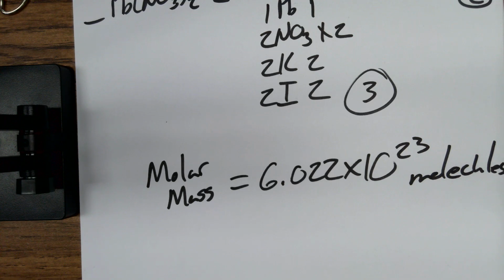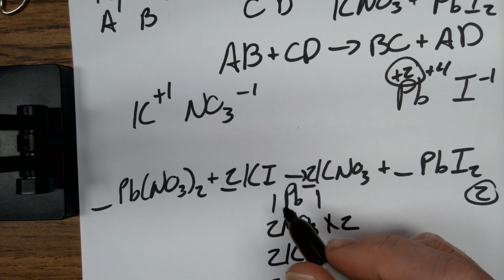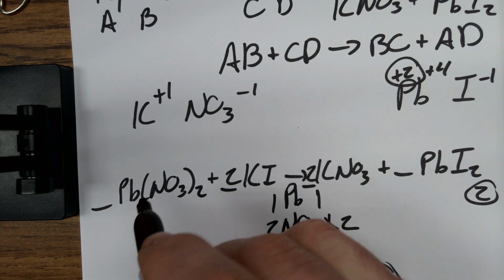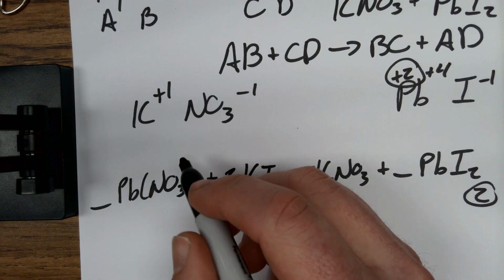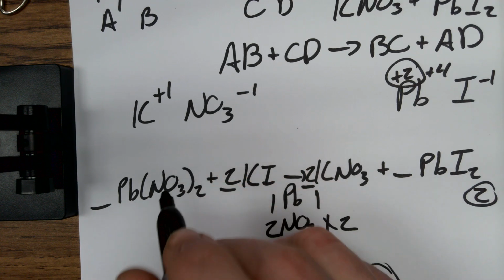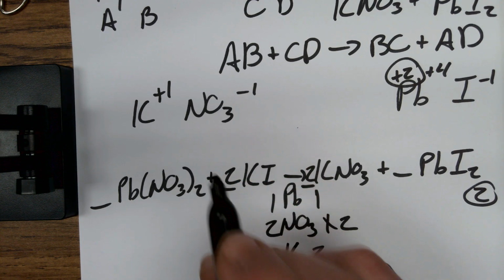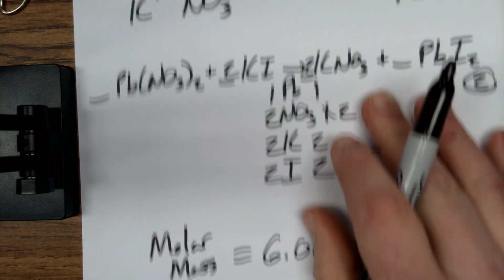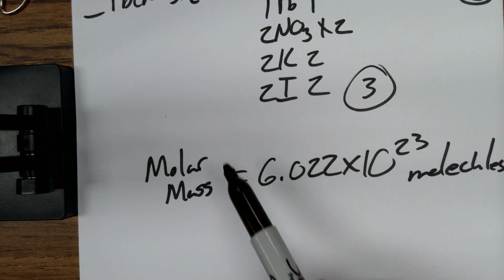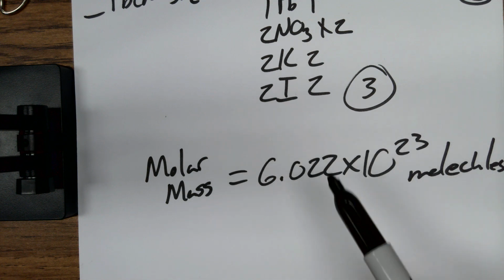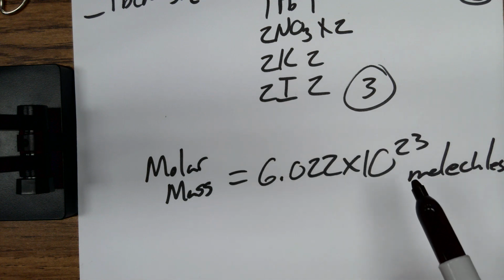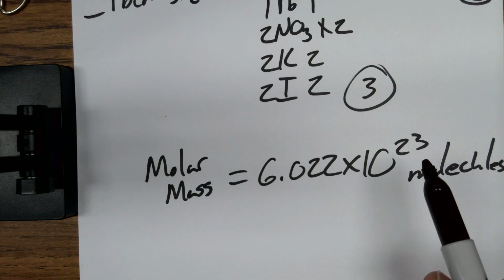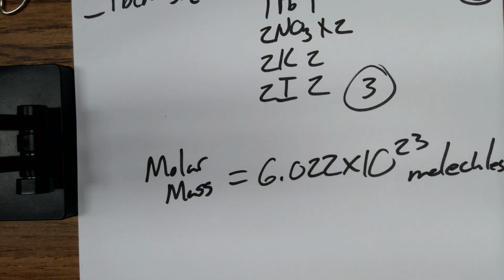Finding 2 calcium iodide to interact with 1 molecule of lead 2 nitrate is easy. Don't get hung up on the numbers that you're going to form because you're dealing with an unimaginably large number. Keep that in mind as you go about with your equations.